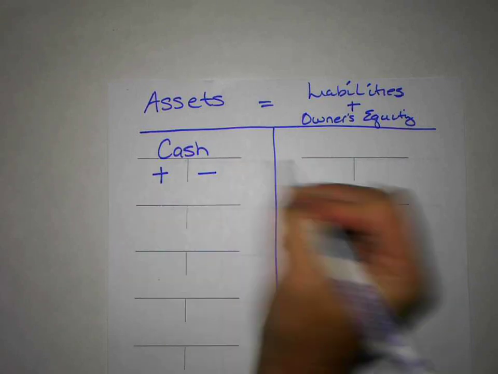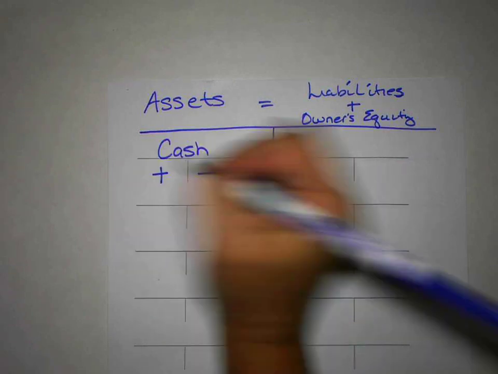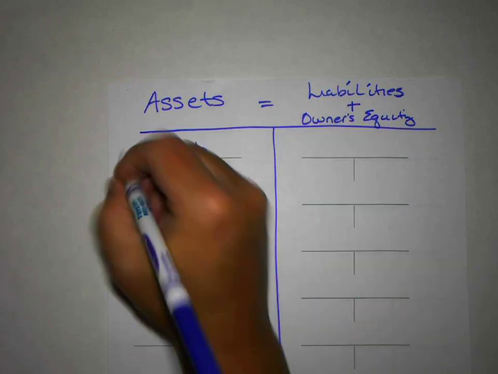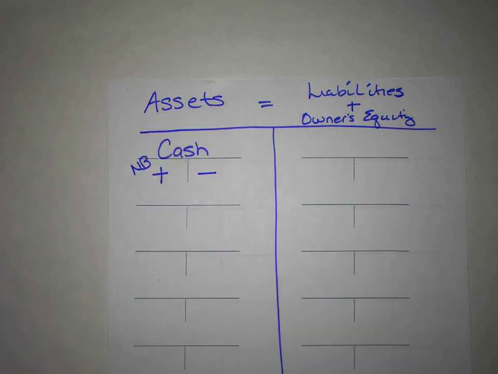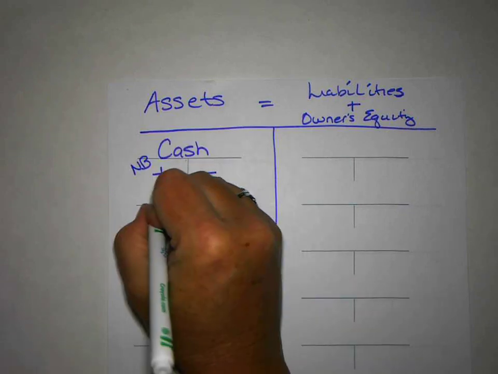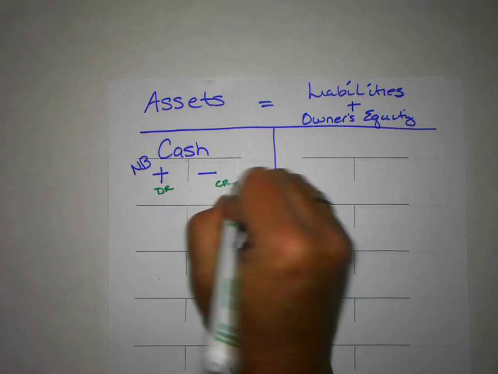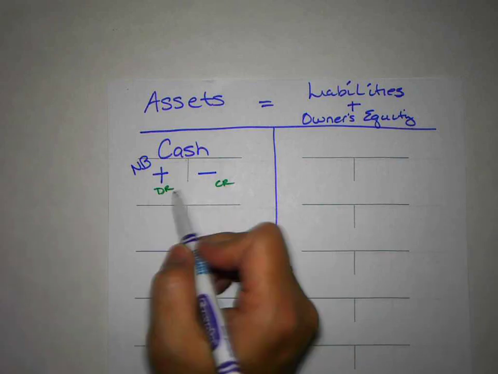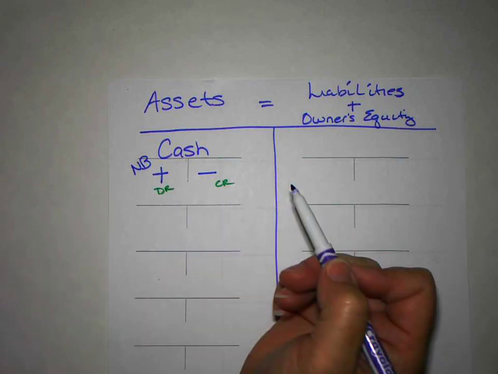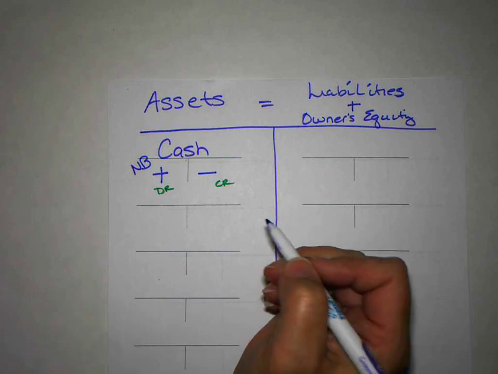Okay, so it decreases with a credit. All right, so this is your normal balance side. Okay, and if you want to put in there, this is a debit, this is a credit, you can do that. Okay, I'm hoping that our little song has helped you remember that it's always left and it's always right for debits and credits.